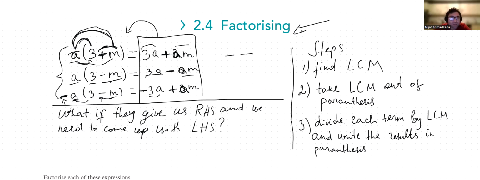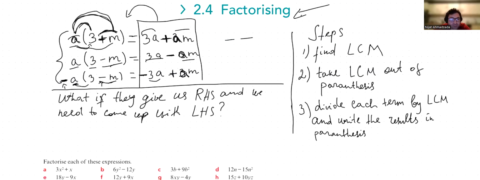So, in other words, what if they give us this 3A plus AM, and they want us to write what it would look like with parentheses. You see, it's already expanded form. There are no parentheses, right? There are no brackets. And they want us to find out what that would look like with the brackets.